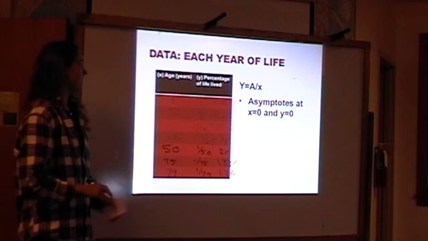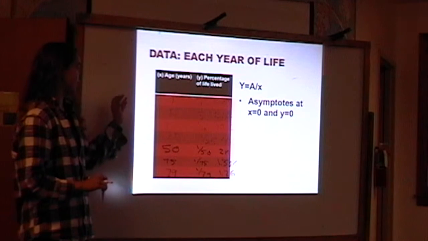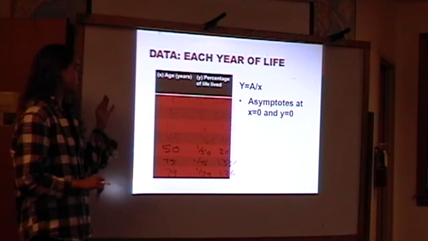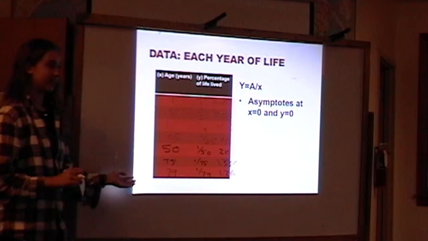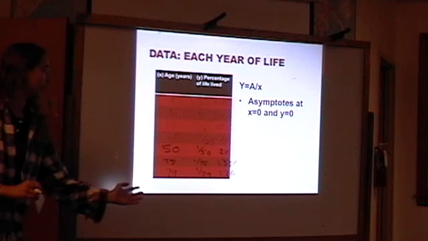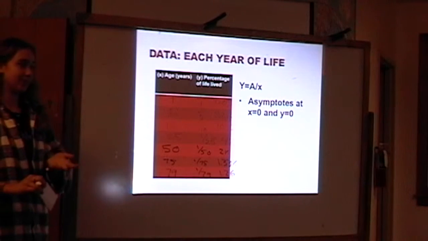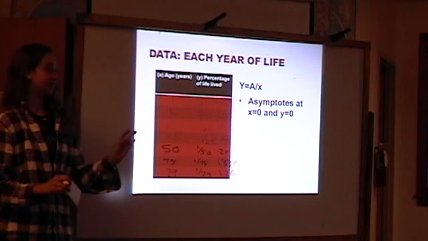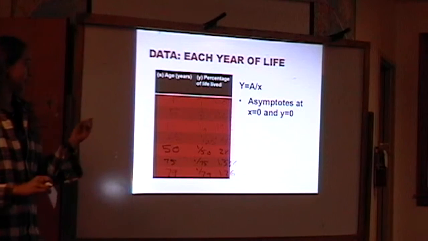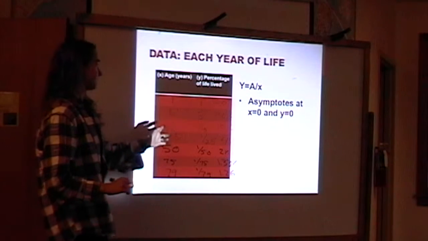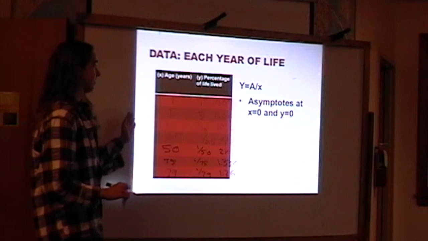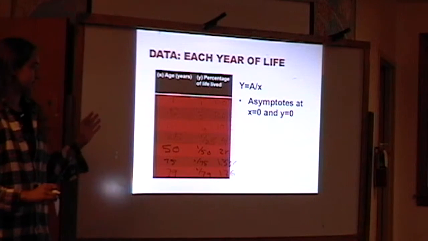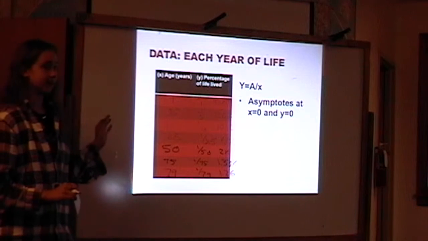And on the X value, you never really have 0 years of life. So you're also going to get infinitely far away from your birth, but you never will have an actual year 0. So to model this, we'll have asymptotes at both x equals 0 and y equals 0, and that's modeled by the parent form y equals a over x, where I'm going to find my standard a.